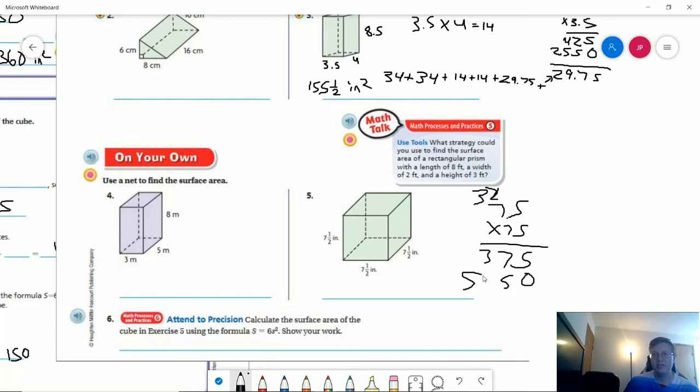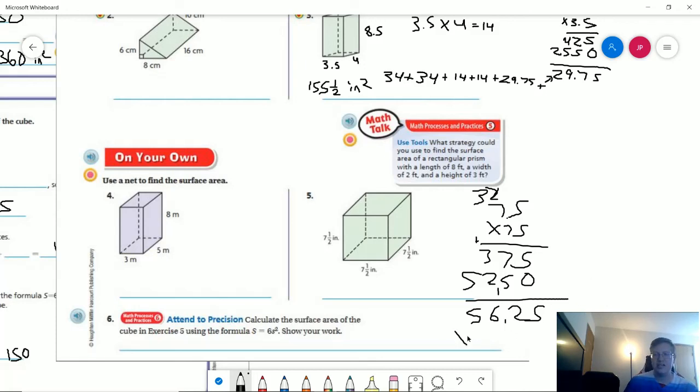49 plus 3 gives us 52. And so we're going to have 2 decimal points. And so I came up with 56.25.